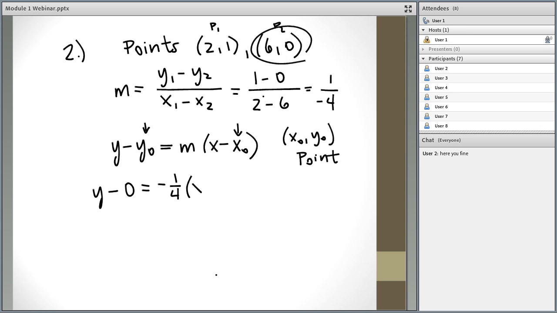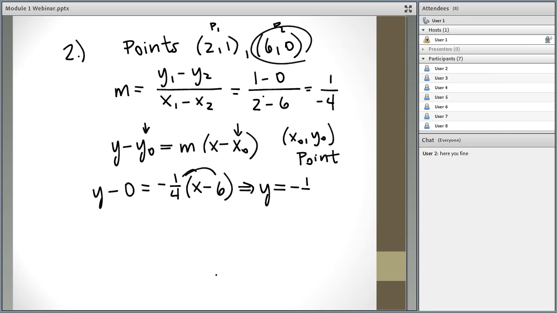And then x minus x naught, so x minus, and our point for x is 6. And then y minus 0 is just y, so we'll just write this as y equals, and typically the format of these equations is mx plus b, so I can distribute this negative 1/4 all the way through.